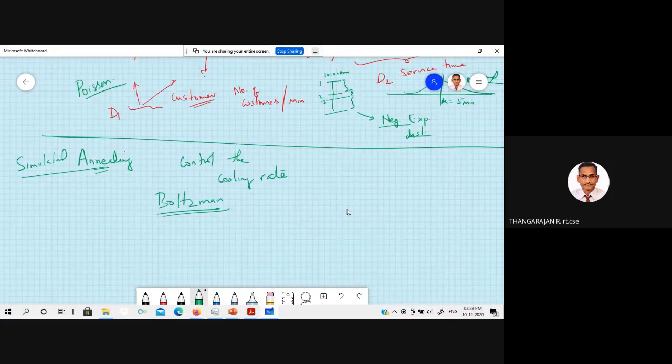If you want to simulate annealing on a computer, then you have to draw the random number from this Boltzmann distribution. You should generate random numbers from the Boltzmann distribution. This is one thing. Another example I'll give you is, say, you take power law.